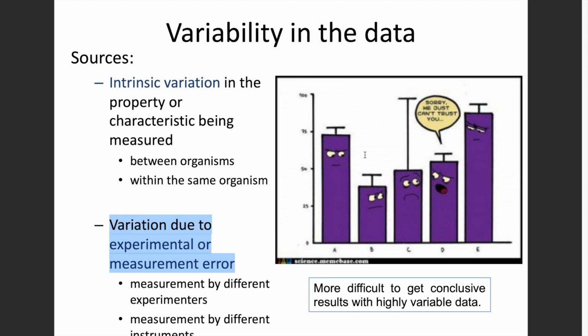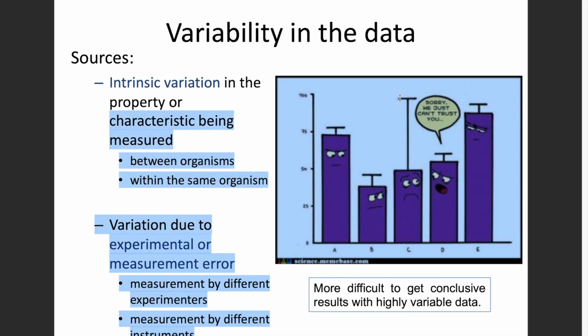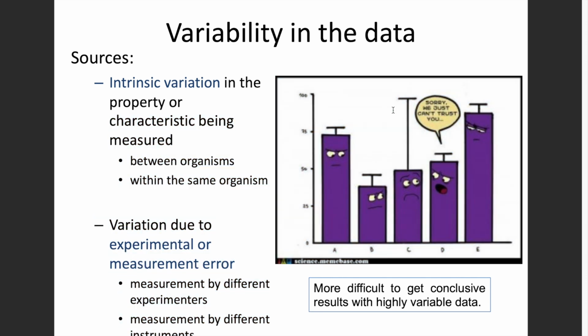So as you can see here, I will introduce you to this graph. It's more difficult to get conclusive results with highly variable data. That's the problem with highly variable data. As you can see here, he says, sorry, we just can't trust you. Because look at him. That line on top is what we call an error bar.